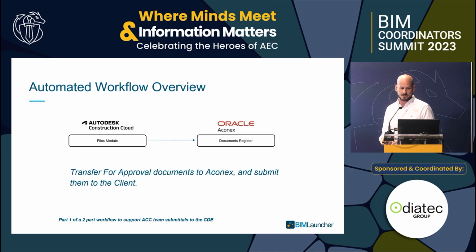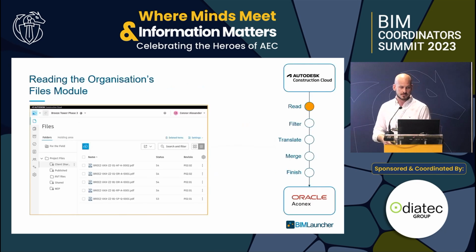The first workflow that I'm going to talk about in detail is our workflow from Autodesk Construction Cloud to Aconex. This is where we transfer documents that are ready to be approved across into Aconex and submit them to the client. This is part one of the two-part workflow.